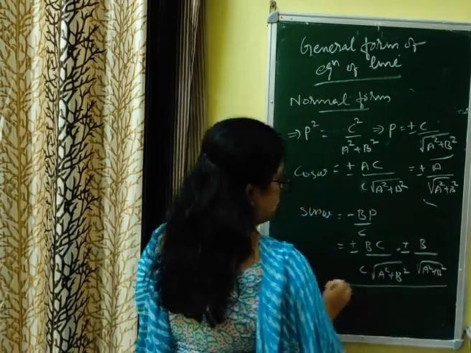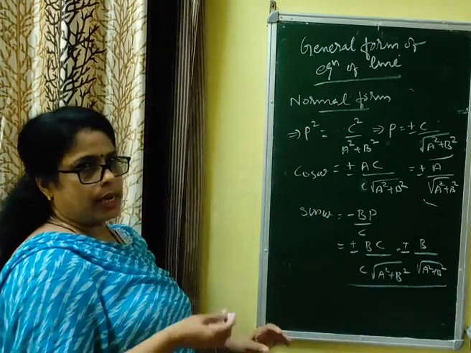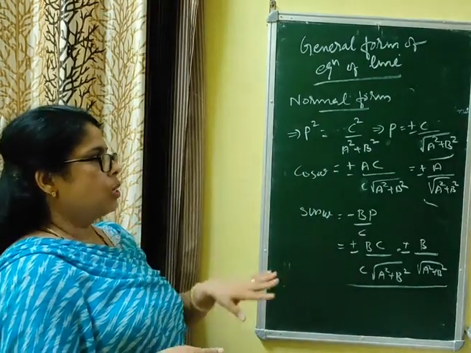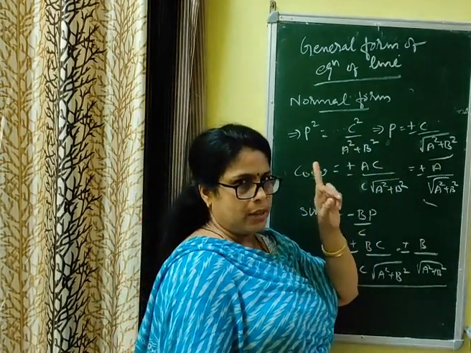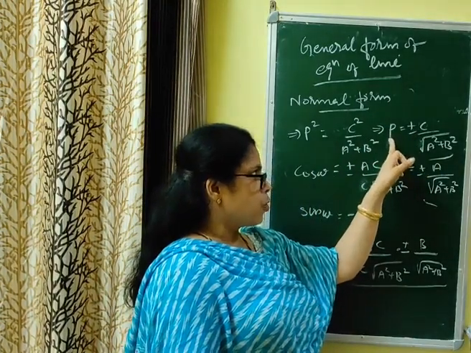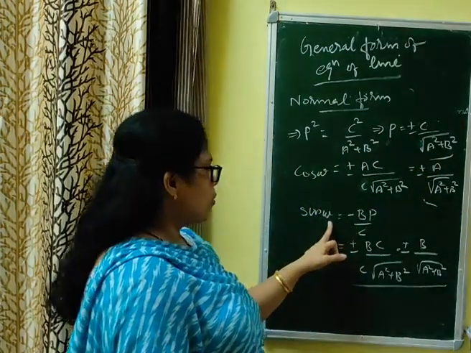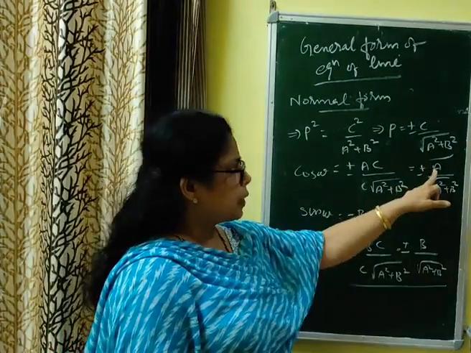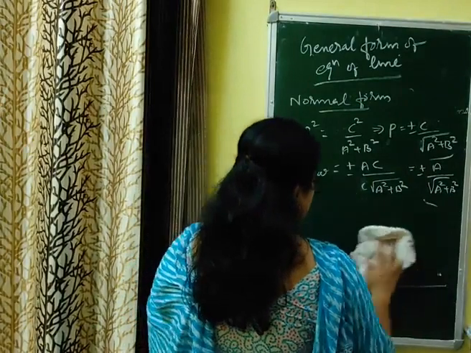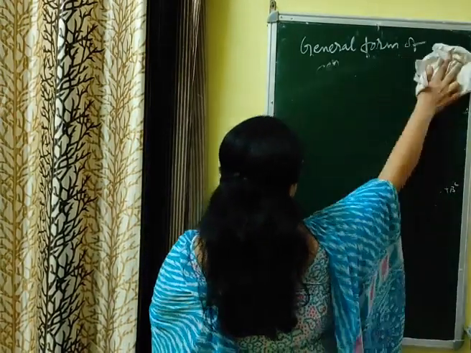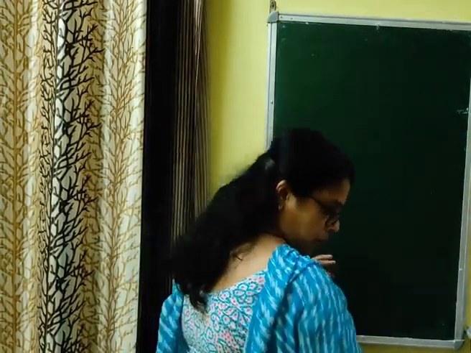That means from general form we can convert to normal form by using these formulas. First of all, you have to identify the values of a, b, c. Perpendicular distance will be obtained by this formula, cos omega by this one, and sin omega by this one. In this way, you can convert the general form of equation of a line into any particular form.